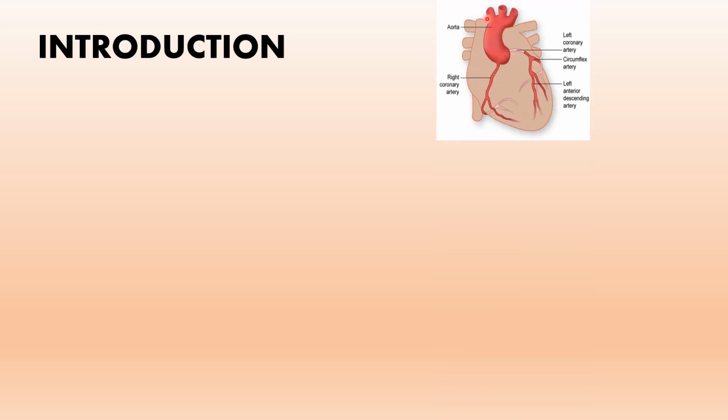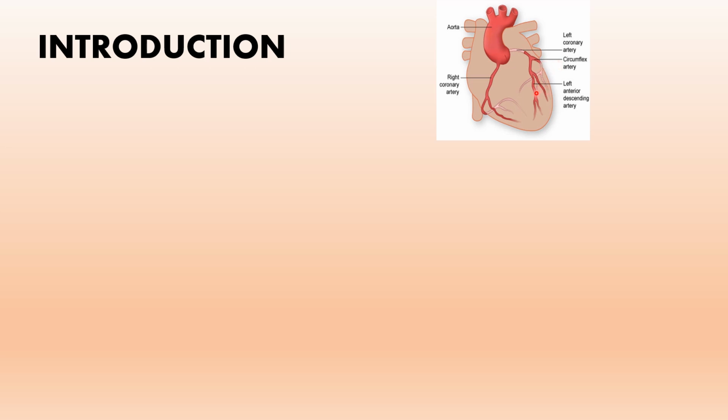So coming to the introduction, the heart is supplied by the coronary arteries. You are seeing here, this is the right side coronary artery. Here this is the left side coronary artery, which is again divided into one more artery called the left anterior descending artery, and another is the left circumflex artery.